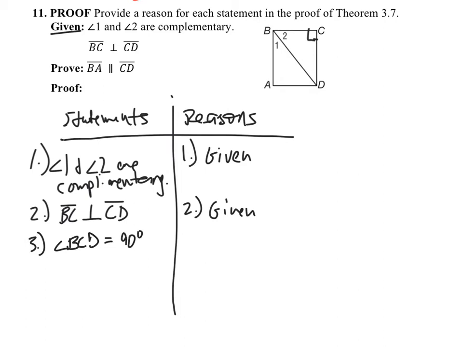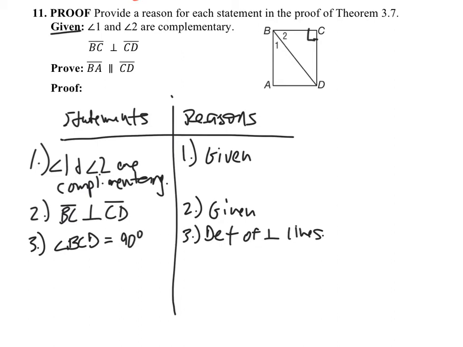The reason I know that is because we're given that these two segments are perpendicular, and if they're perpendicular, then they make a 90-degree angle. So the reason I can say they're 90 is that that's the definition of perpendicular lines. They form a 90-degree angle.